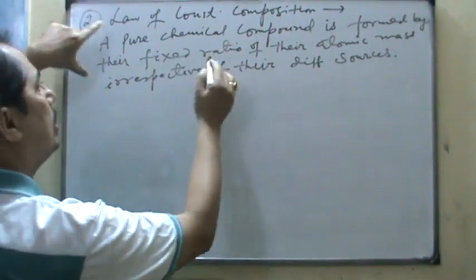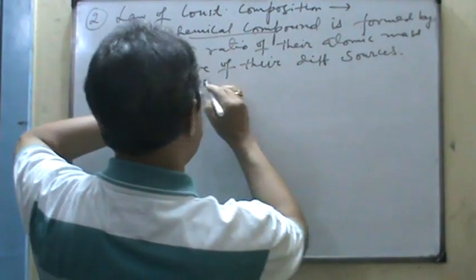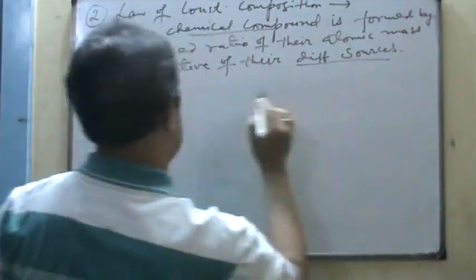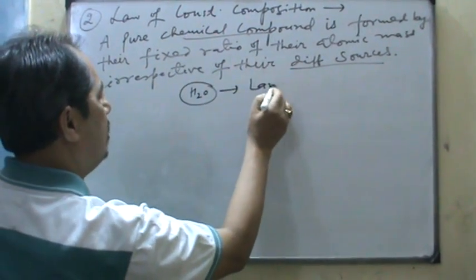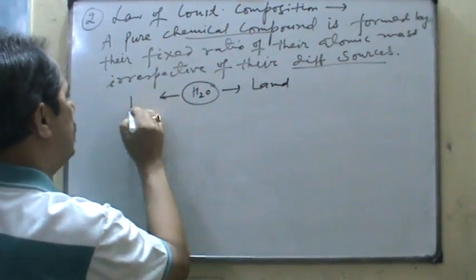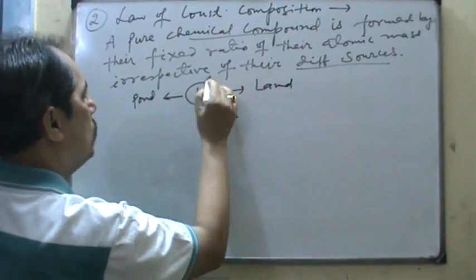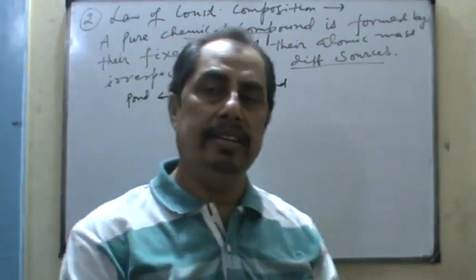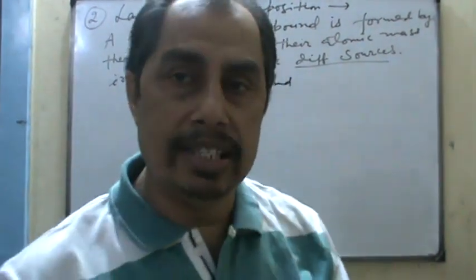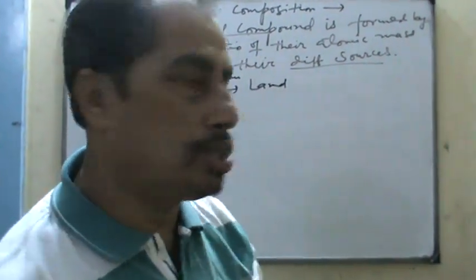For example, a chemical compound is formed by the fixed ratio of their atomic masses irrespective of their different sources. You take water from a pond, river, rain, tap water, Ganges water, water from any country, from any source.